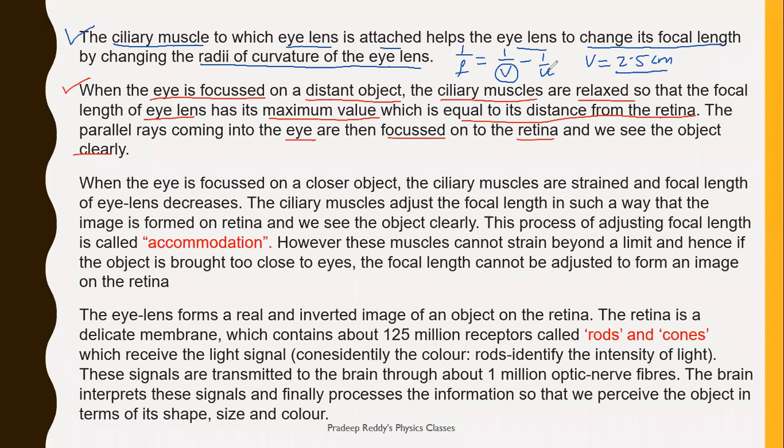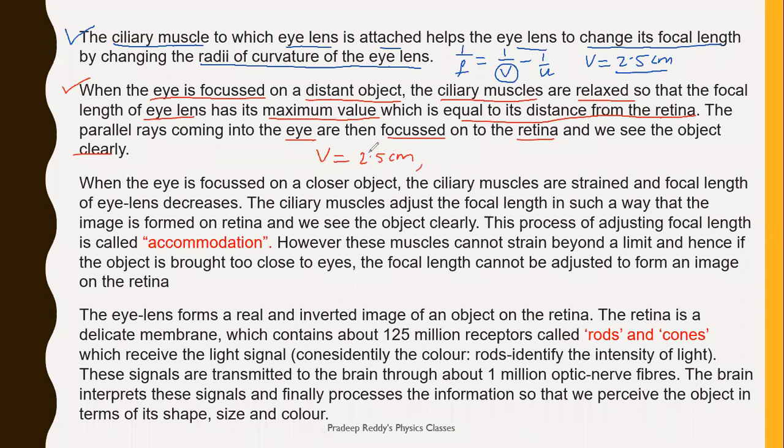V will remain the same, that is 2.5. So the ciliary muscles are relaxed so that the focal length of the eye lens has its maximum value. The focal length of the eye lens should be at its maximum if U is maximum, and this focal length is equal to the distance from the retina, so V is equal to 2.5 centimeter.